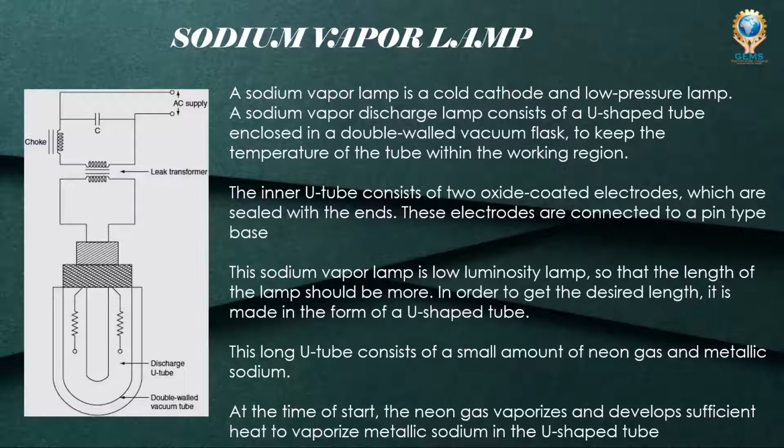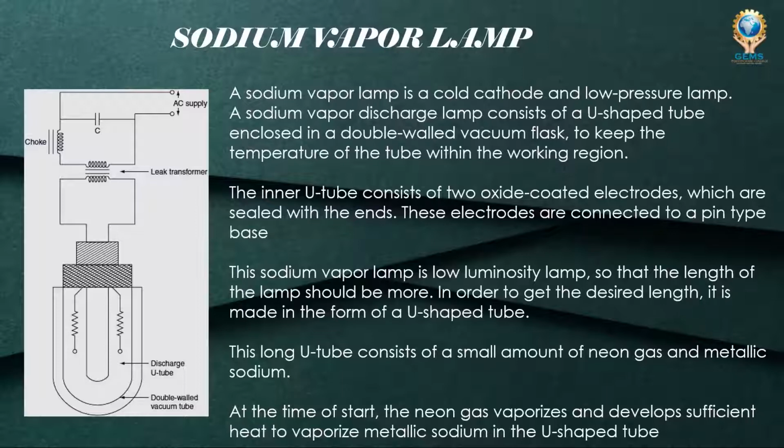Here two tubes are there: one is the discharge U tube, and the other is the double-walled vacuum tube. The inner U tube has two oxide coated electrodes. This inner tube is sealed, and the electrodes are connected to the pin type base.